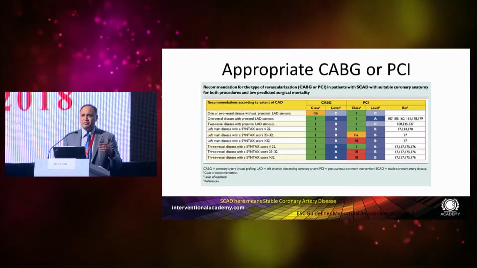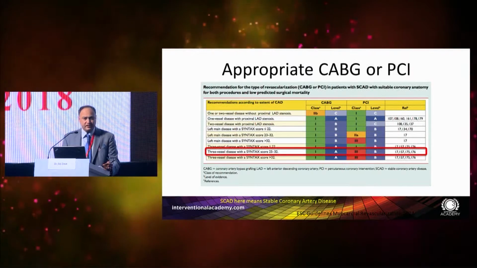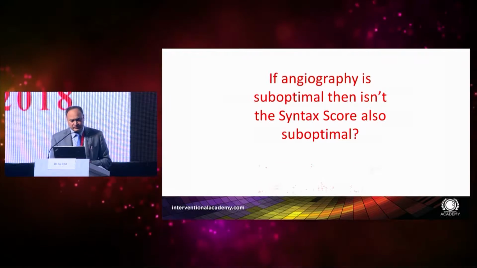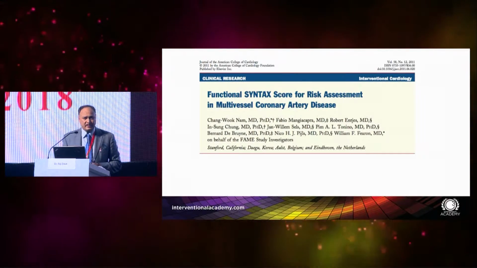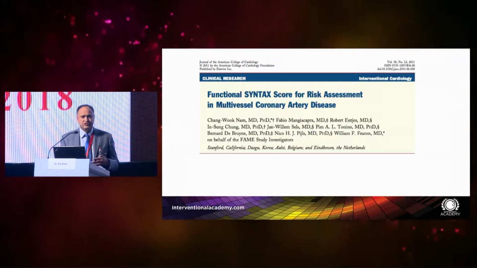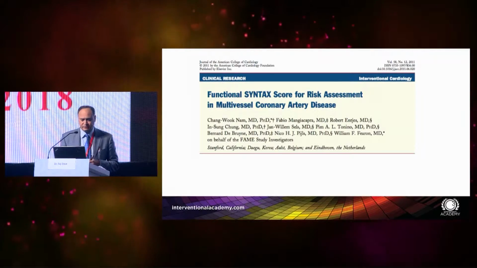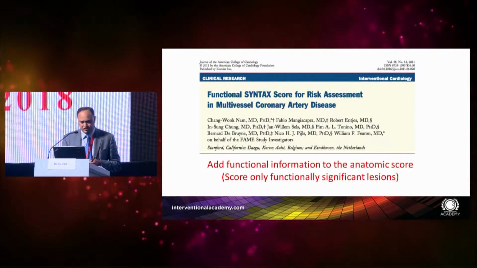When we look at the appropriate use criteria, for a patient with a SYNTAX score of 32, the PCI indication is class 3. Now, functional SYNTAX is the new way of calculating the SYNTAX score. We should not only look at the anatomy, but we should also add physiological information to the evaluation of coronary artery disease in these patients.